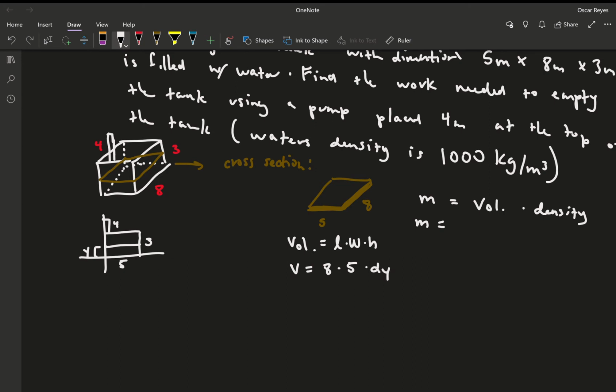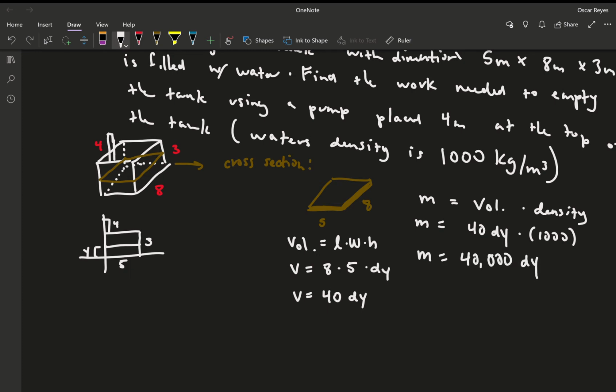So if we multiply that, our volume is going to equal 40 dy. Okay. Now we plug that volume into our mass formula, and we have 40 dy times our density, which is 1,000. Our mass is going to equal 40,000 dy.